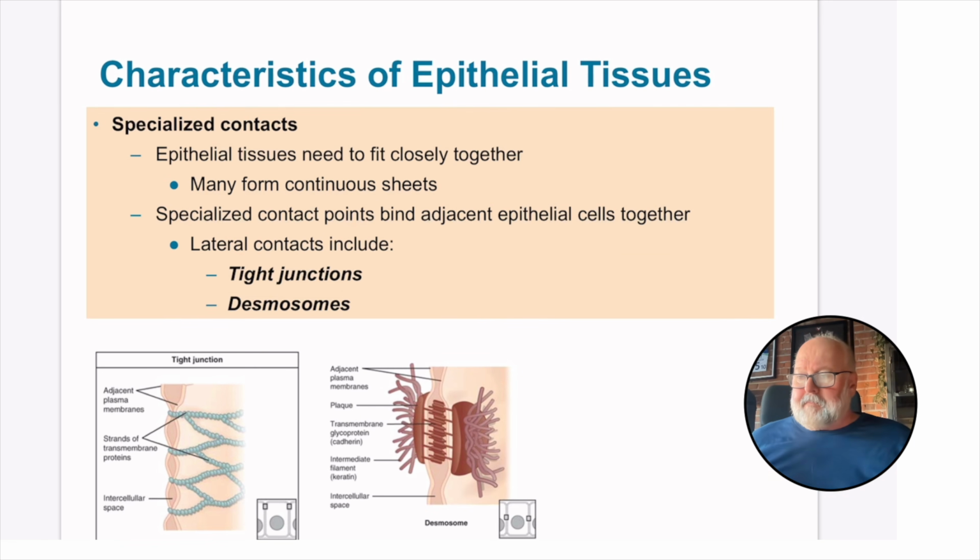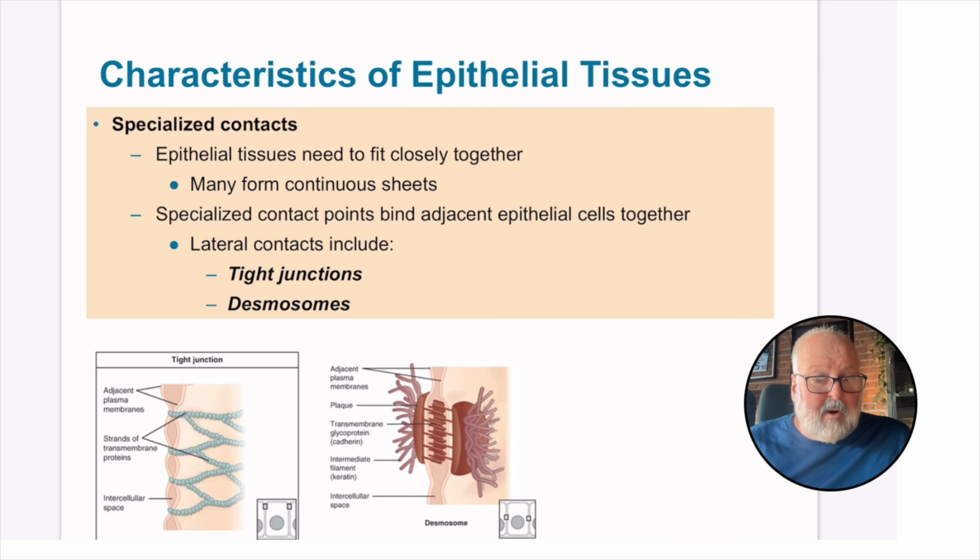Next thing is, as I said, it has specialized contacts. And these specialized contacts help it to do its job. Because if you're facing the outside world, I don't want stuff to just sort of squeegee its way between cells, because I'm there partly as a barrier. So what we tend to see are things like tight junctions and desmosomes.